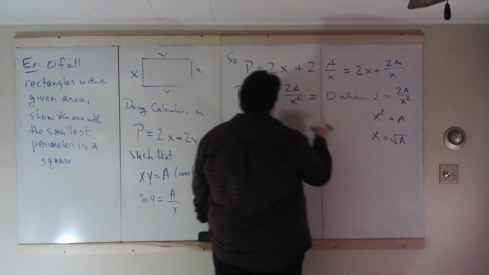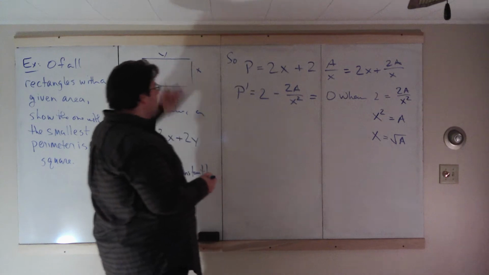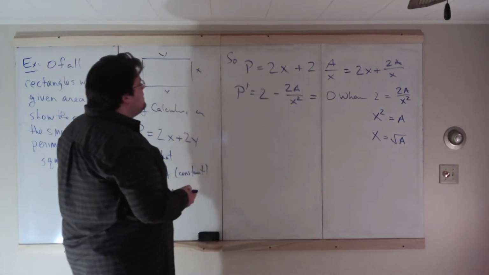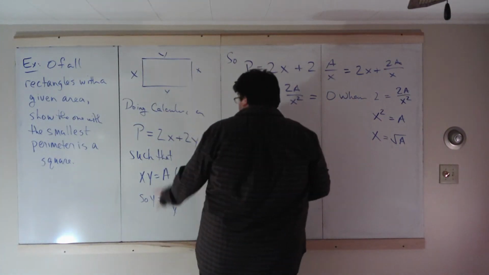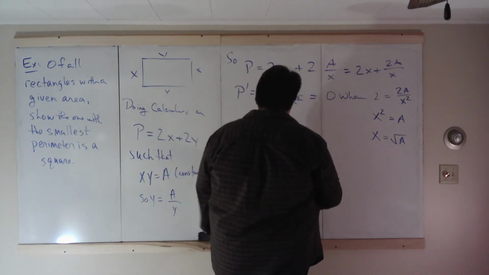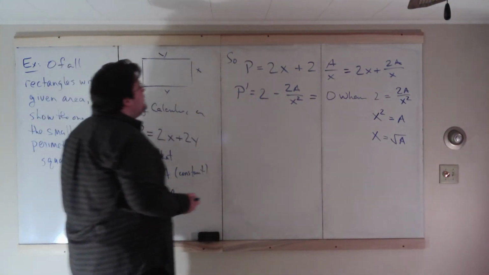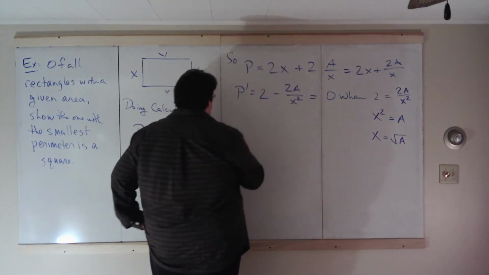And this is undefined when x equals 0, but that doesn't happen here. That won't give us a rectangle. The constraint wouldn't make sense if x equals 0. So it doesn't matter where x is undefined in this example. But we do have x equals root A.